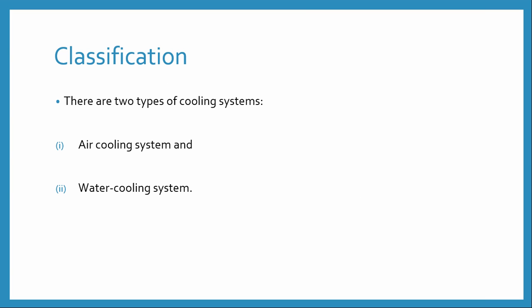Now coming to the classification of the cooling system. So students, basically the cooling systems can be classified in two ways. One is the air cooling system, another is the water cooling system. Students, let's start with the air cooling system.